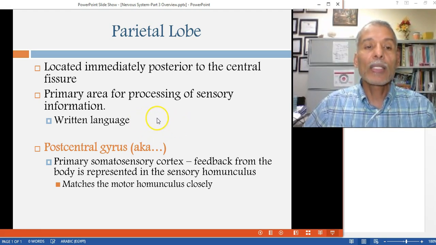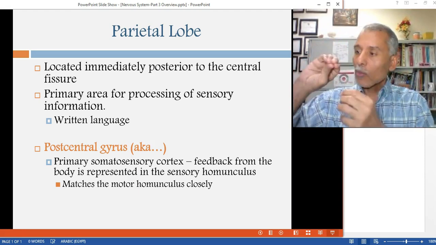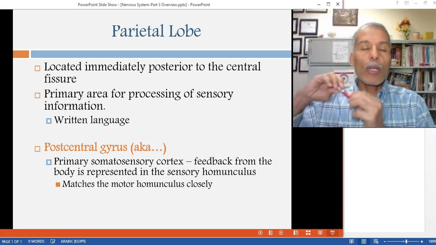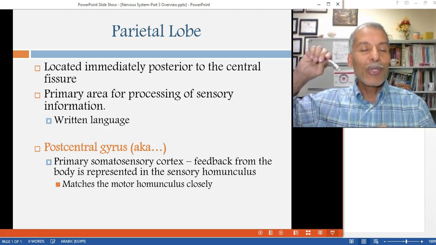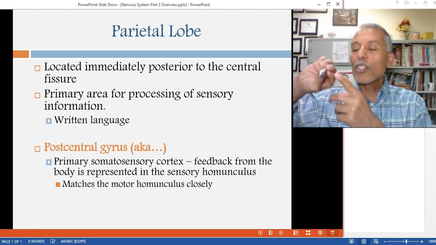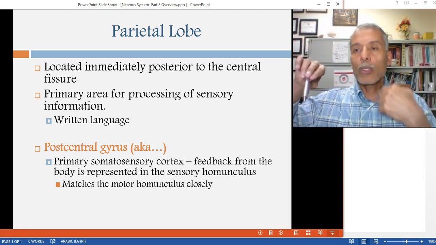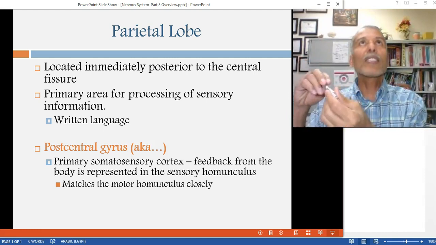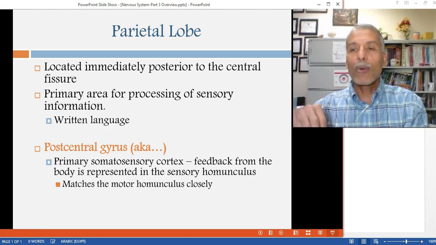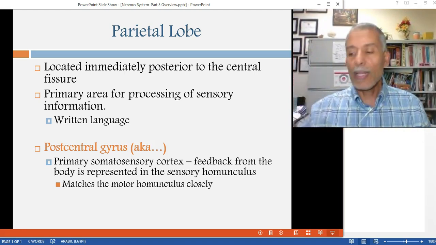It has areas that integrate visual and sensory information. Like when you close your eyes and hold something in your hand, you're actually reading it. When you read it, the sensory information travels through your arm to the spinal cord, to the post-central gyrus, and it tells you, oh, you are holding a pen. You are just reading it like you read anything.